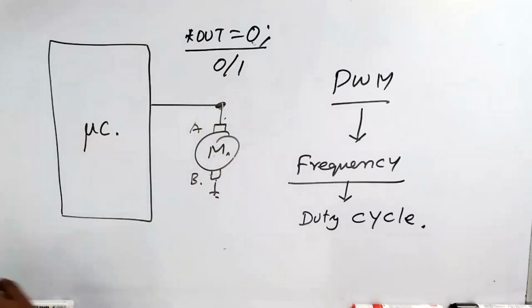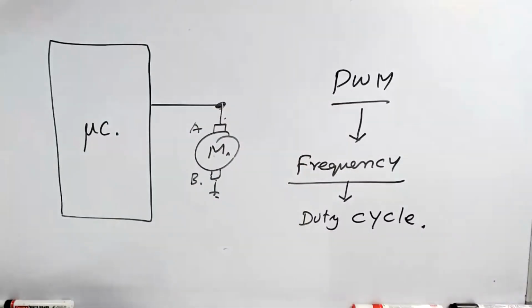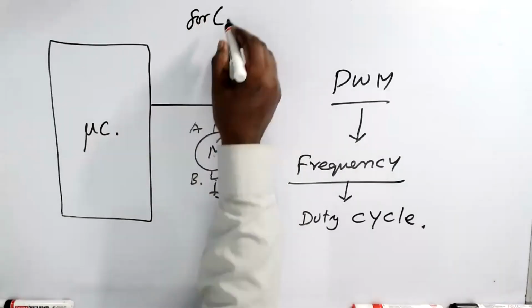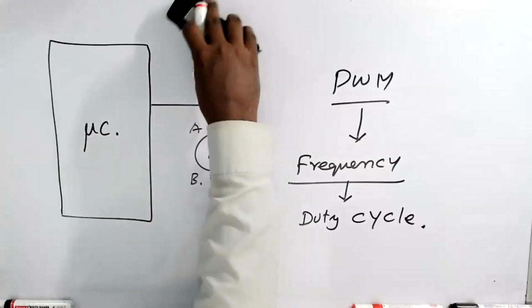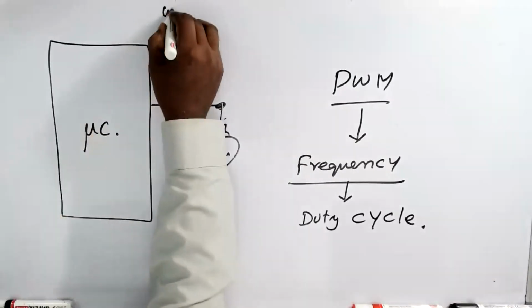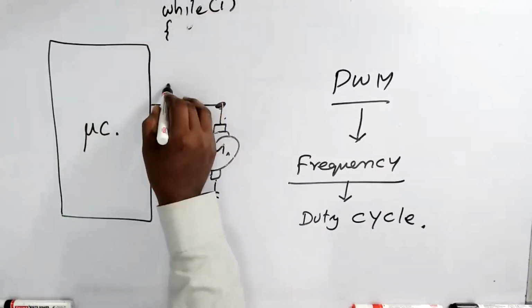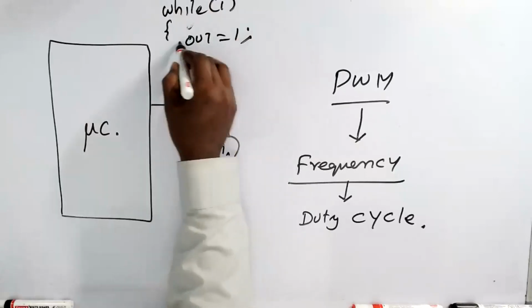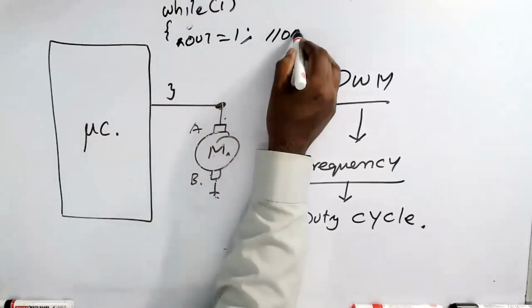But if you do it the other way: while 1, star out equal to 1, then the motor is on. Then delay.